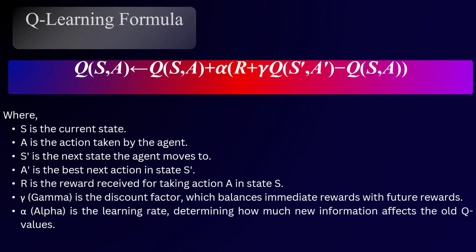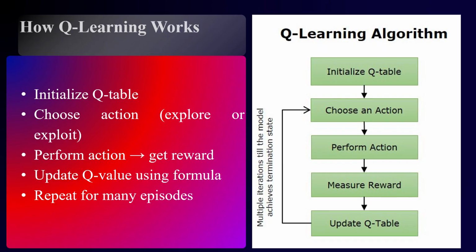Let's jump to the next. Now, let's look at how Q learning actually works. The process starts by initializing the Q values with a Q table. This table helps the agent decide what to do in each situation. Then the agent chooses an action.